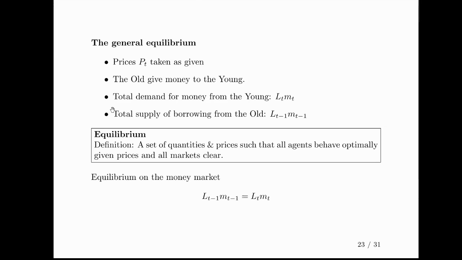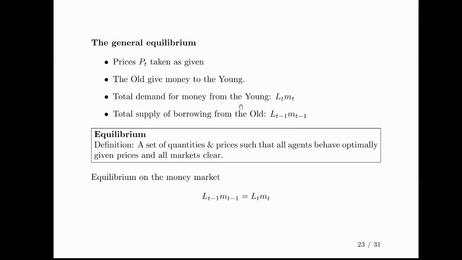And what is the total supply of borrowing from the old generation? Well, the old generation has had M_t-1, and they were L_t-1 people. So they arrive in the world with this total supply of money, L_t-1 M_t-1, and then the young generation wants to buy L_t M_t amount of money.